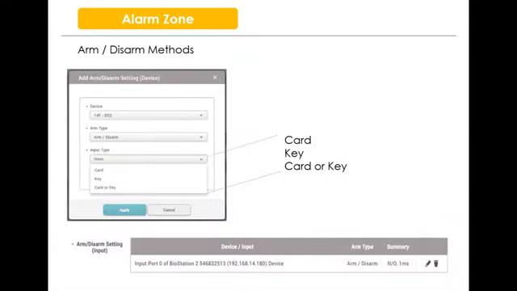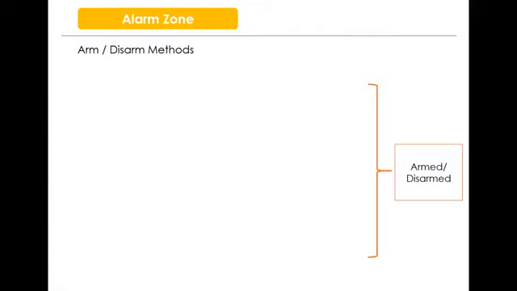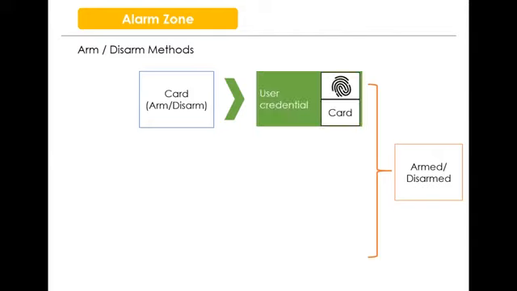You can arm and disarm the alarm zone with diverse methods. The first option is to use a command card to make arm status or disarm status, and then the user should authenticate with user credential.